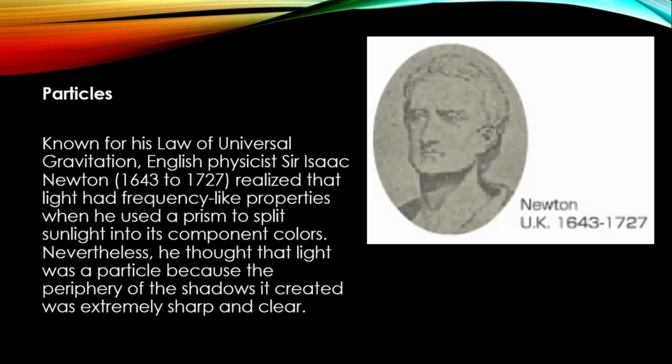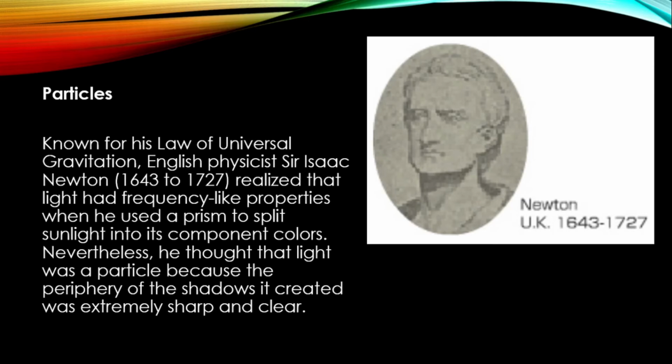And then let's talk about, since this is quantum mechanics, quantum physics, quantum theory, we'll talk about particles. Known for his law of universal gravitation, English physicist Sir Isaac Newton, born in 1643 and died in 1727, realized that light had frequency-like properties when he used a prism to split sunlight into its component colors.